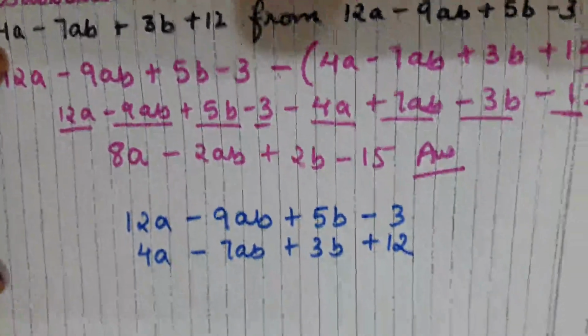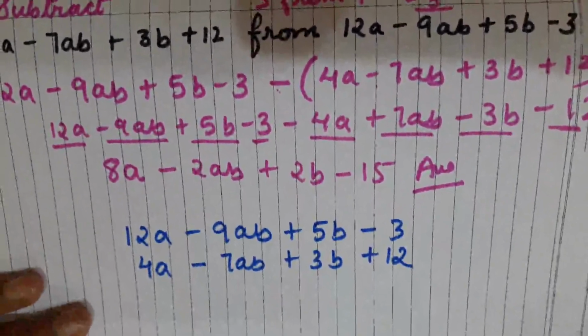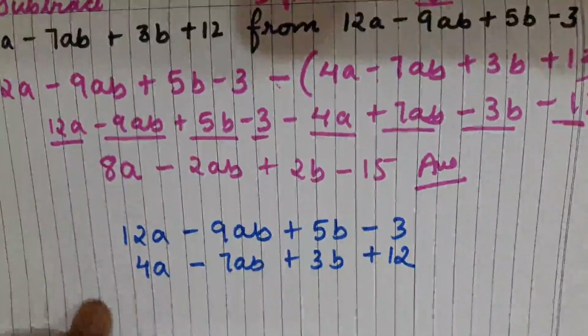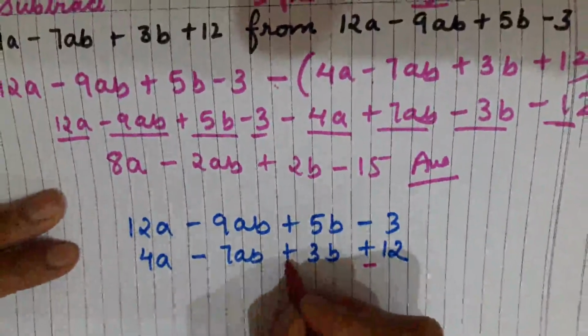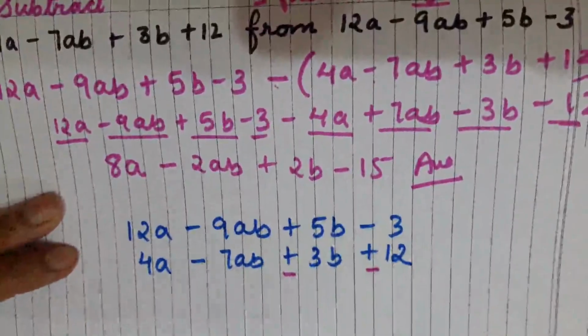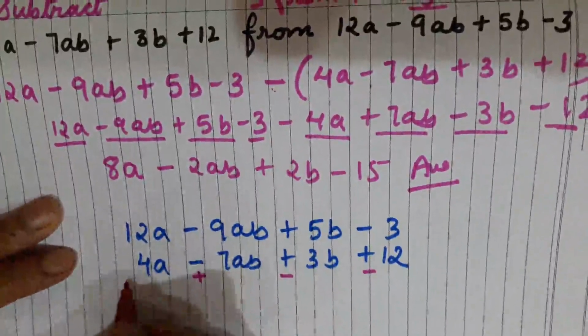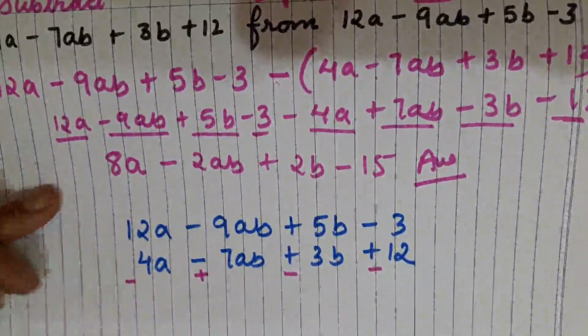But here is a difference. When we are doing subtraction, we have to change the sign of the below row. How can you change the sign? If plus sign is there, you have to put minus. If minus sign is there, you have to put plus, and if plus sign is there, you have to put minus.